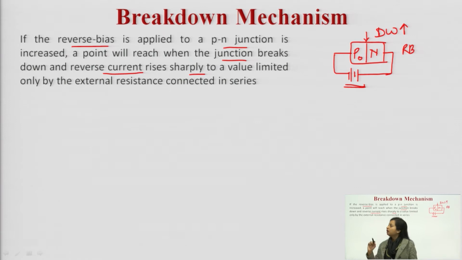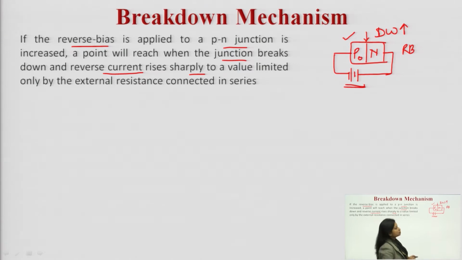You know that if you are applying reverse bias across the junction, what is going to happen? In the reverse bias condition, there are some minority charge carriers available in the semiconductors. In case of p-type semiconductor, what are the minority charge carriers?